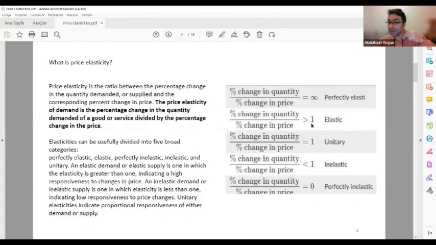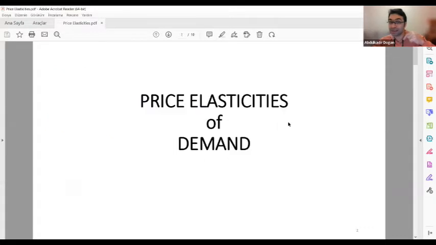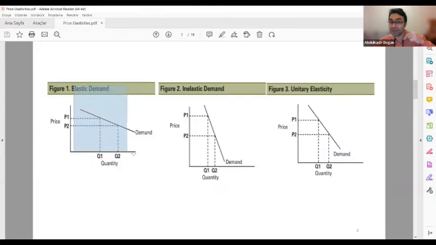So this division is greater than 1. So it is elastic. Look at the graph. This is elastic, because the percentage change in quantity is greater than the percentage change in price, this division is greater than 1. So I have an elastic demand. And the shape is like this, a little bit.